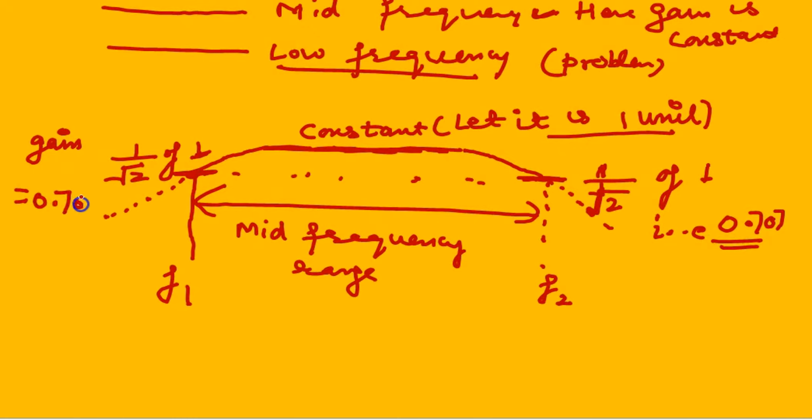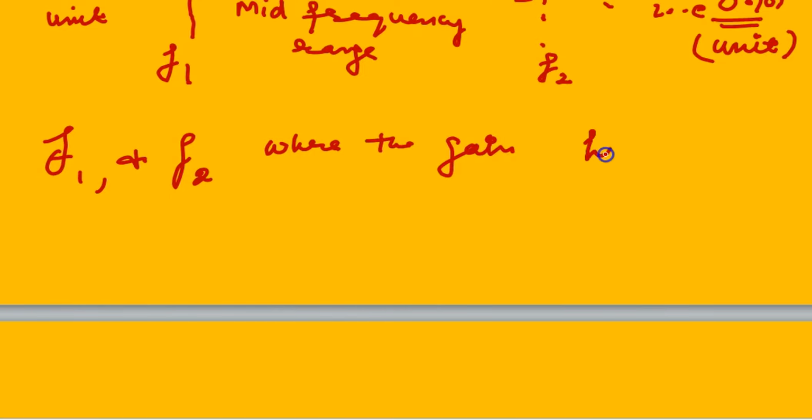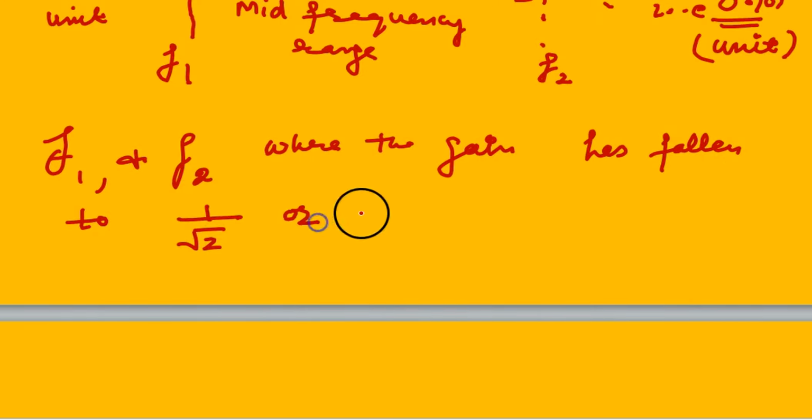That is, F1 and F2 are defined where the gain is 0.707 times the gain at the mid-frequency level.